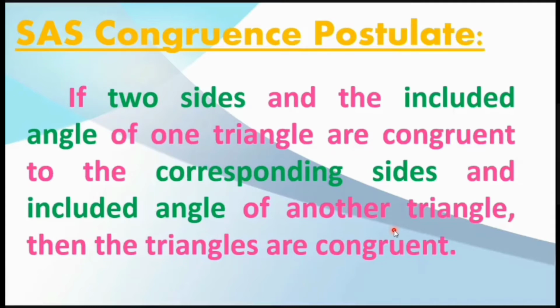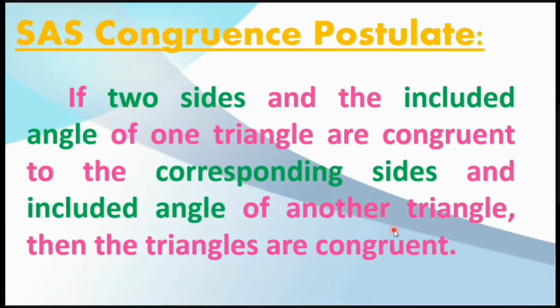Ibig sabihin, ang condition po dito is that there should be two sides and one included angle of the first triangle that should be congruent to its corresponding two sides and included angle on another triangle.